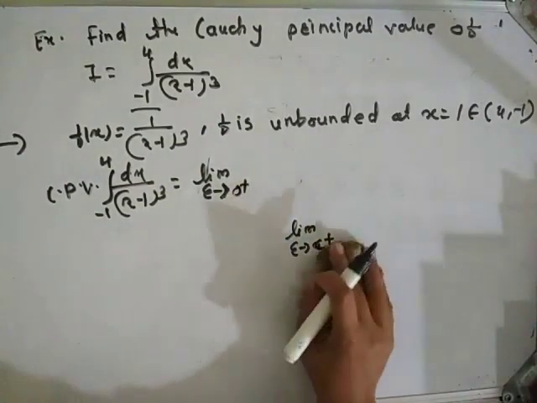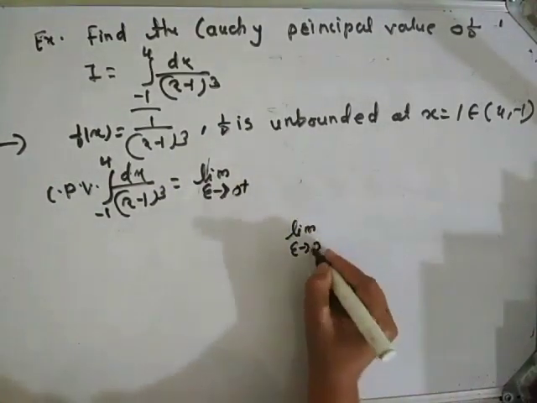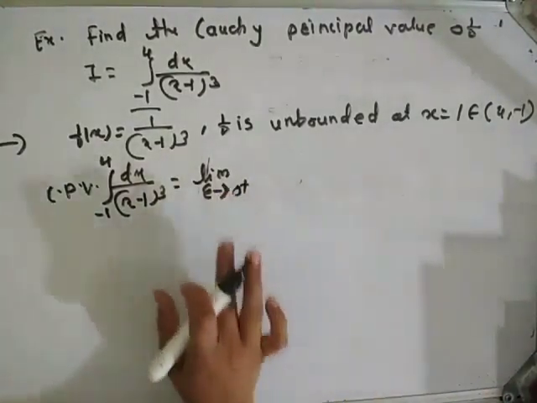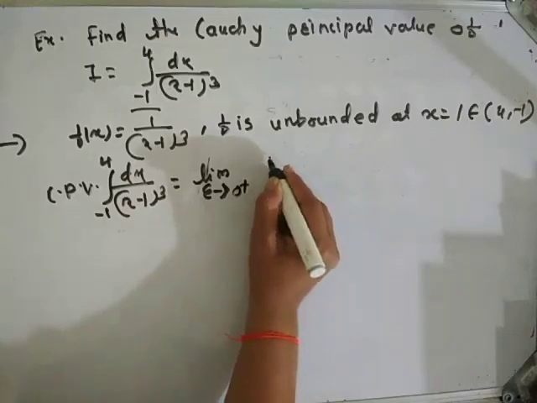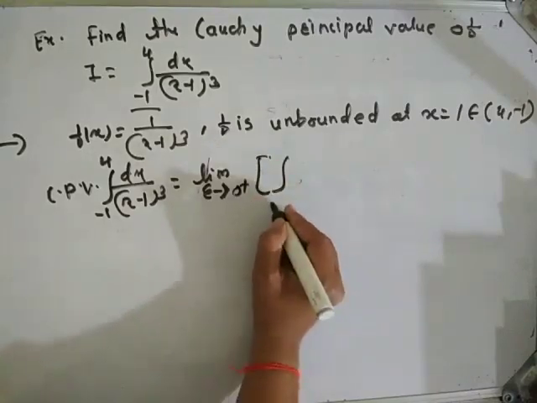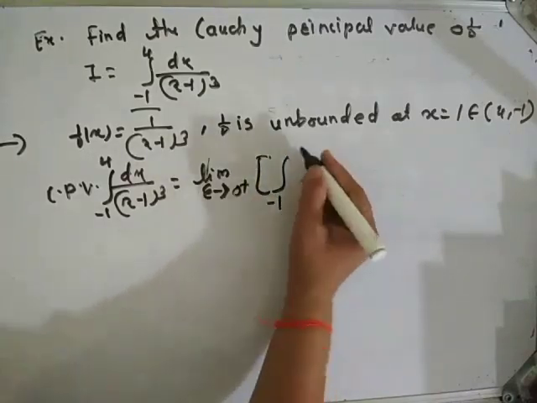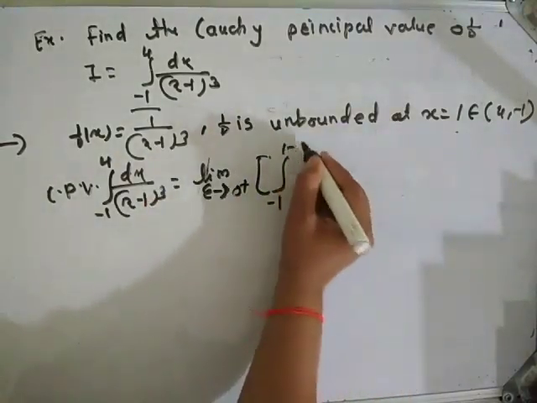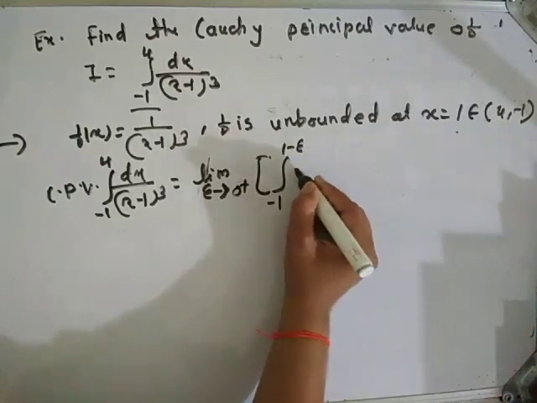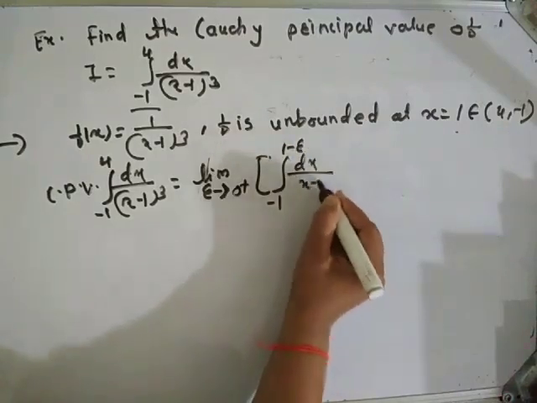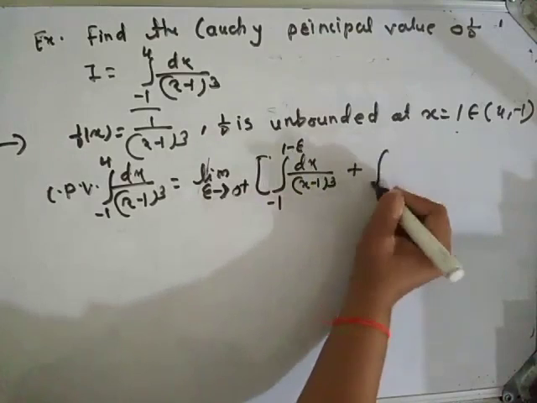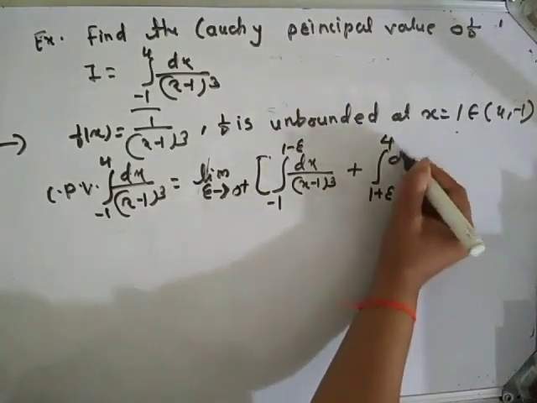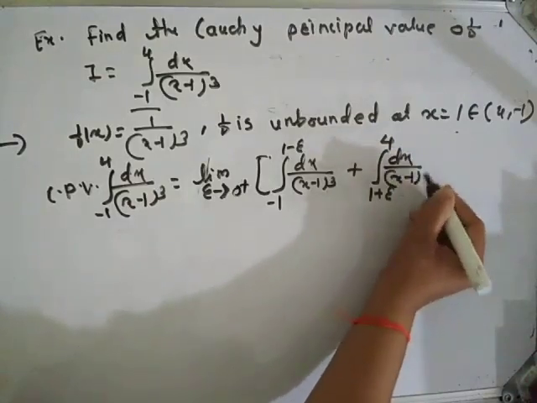Make that correction, it is epsilon tends to 0 plus. Limit epsilon tends to 0 plus integration from minus 1 to 1 minus epsilon, since f is unbounded at 1, dx upon x minus 1 cube plus integration from 1 plus epsilon to 4 dx upon x minus 1 cube.